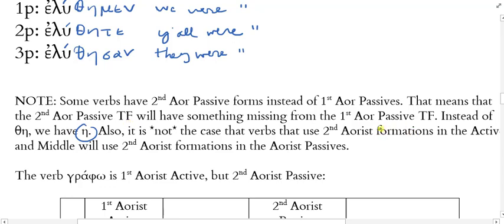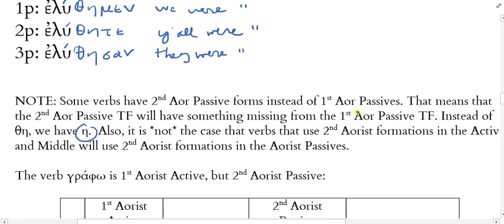And very important, just because a verb has a second aorist in the active and middle doesn't mean it will have a second aorist in the aorist passive. And just because a verb has a second aorist passive doesn't mean it'll have a second aorist active and middle. In other words, they can be the exact opposite from one to the other.